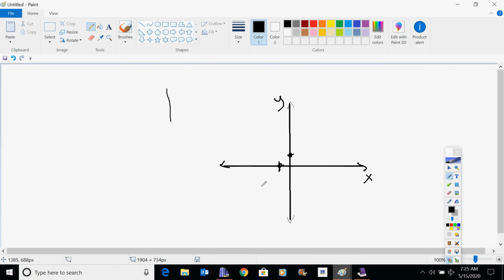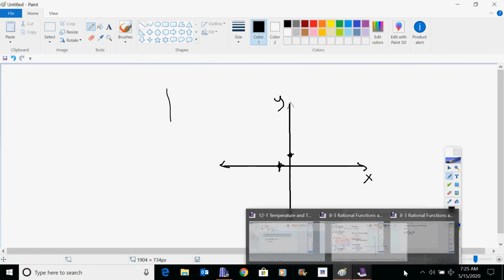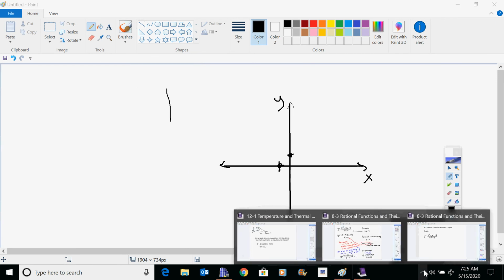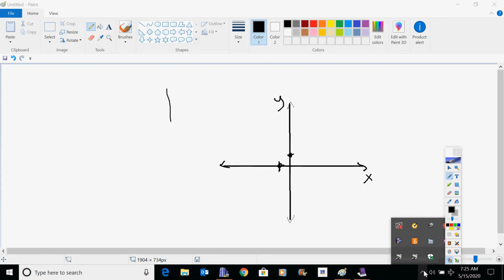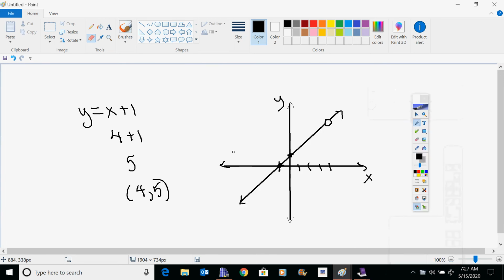And so our graph is going to continue and go up through those. If we take a look at this graph, we had found your x-intercept and your y-intercept, and we know how to graph y equals x plus 1.